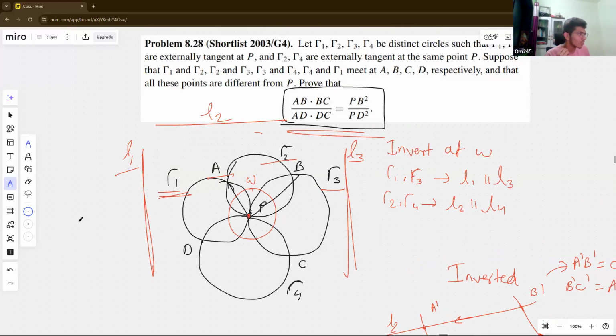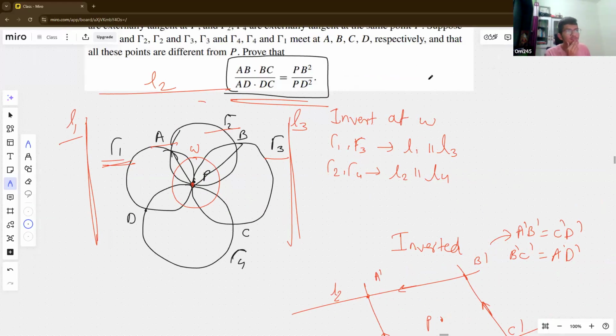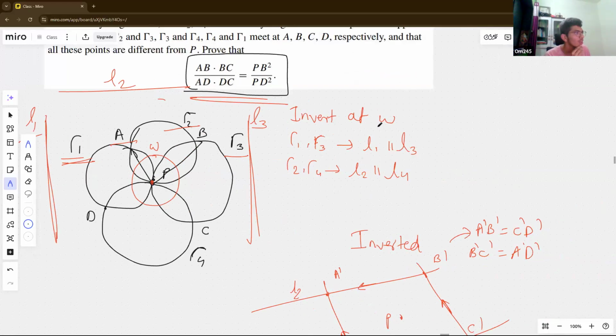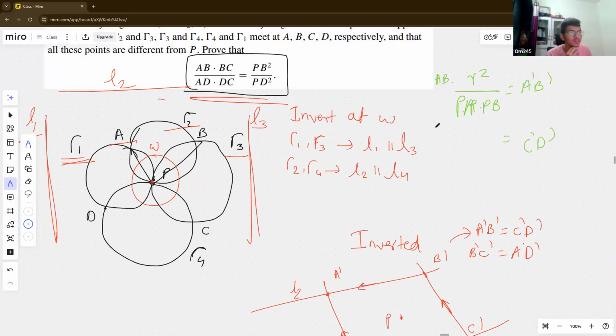Okay, AB, BC. The R square will cancel out commonly, but now we will consider PA into PB will be A dash B dash, which is also equal to C dash D dash, which is also equal to CD into R square into PC into PD.